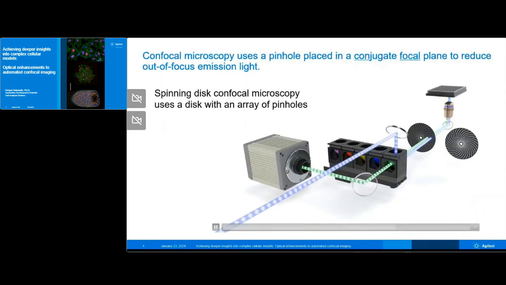So since the inception of confocal microscopy, a range of technologies have been used to achieve confocality within a microscopic image of a specimen. These techniques typically make use of a pinhole within the optical path. The Cytation C10 uses a rotating spinning disk with an array of pinholes, as shown moving around here.